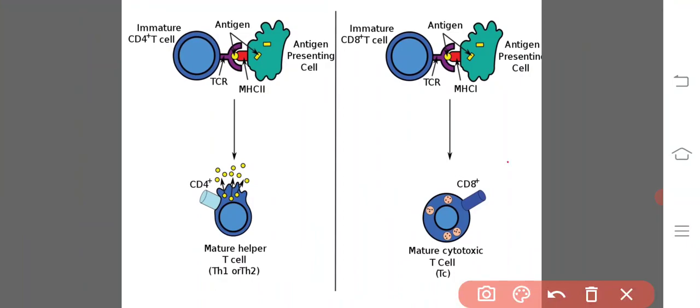That is, there is a restriction between MHC class 1 and the CD8 cells or cytotoxic T lymphocytes. Whereas the antigen presenting cells like the macrophages and dendritic cells have the MHC class 2 molecule through which the processed antigen will be presented to CD4 T cells. So after the exposure of this antigen to the immature T lymphocytes, T helper cells, they become mature T helper cells.